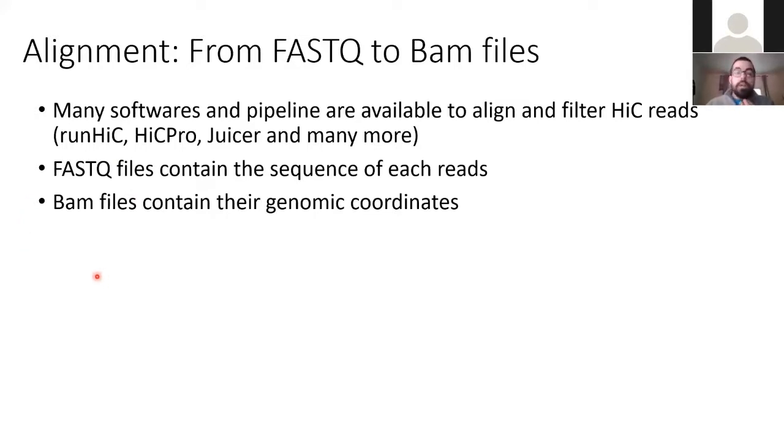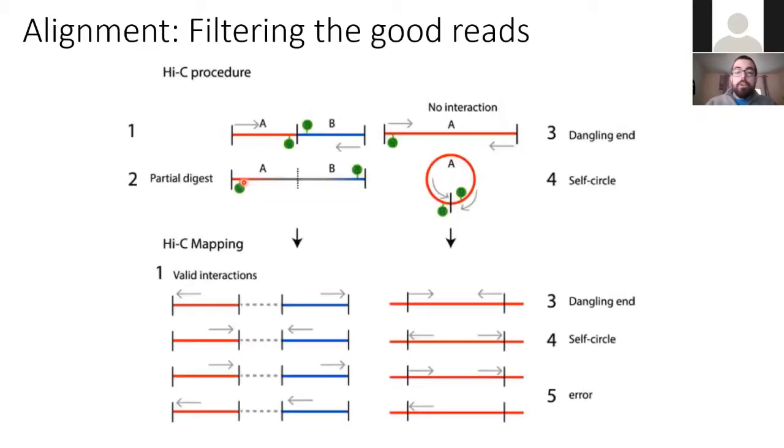And for Hi-C, there are many pipelines to get the BAM files. So runHiC or HiC-Pro or Juicer, they're going to do the alignment for you. And they're also going to filter the reads for Hi-C because you want your reads to be one on one end of the genome and another one at another place on the genome.